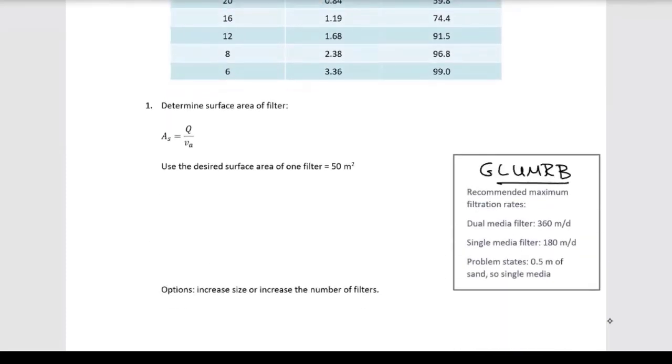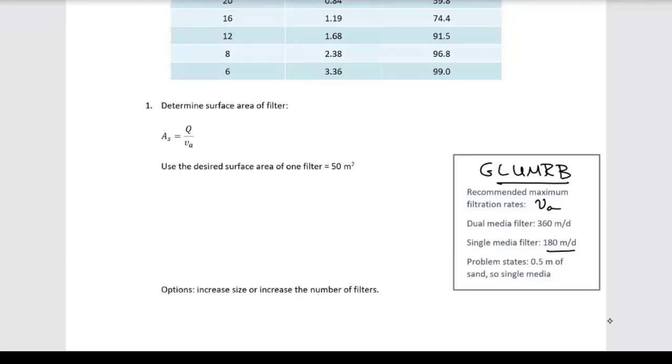Now, the GLUMRB standards state that the recommended maximum filtration rate, that's V sub A, is 360 meters per day for a dual media filter and 180 for a single media.